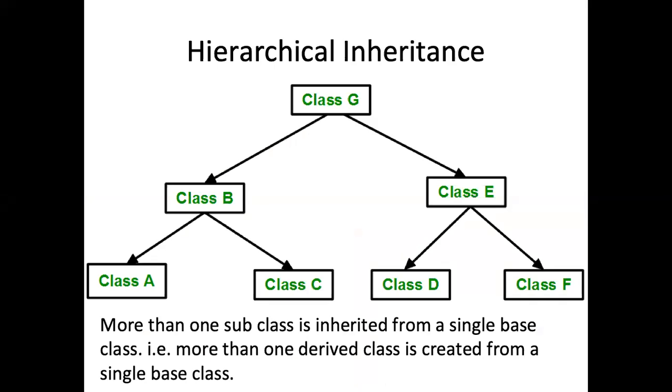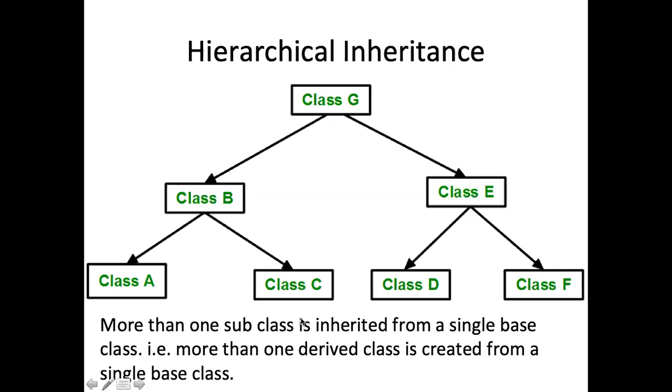So you have a class G. Class G से inherit कर रही है class B, and you have class E that is inheriting, and then class B से inheritance is to A and to C, और E से D और F तक जा रही. ठीक है. So you have more than one subclass in the inheritance, from a single base class. So you have a single base class here, right at the top, and then there are two classes that inherit, and then from that intermediate class you have further inheritance.